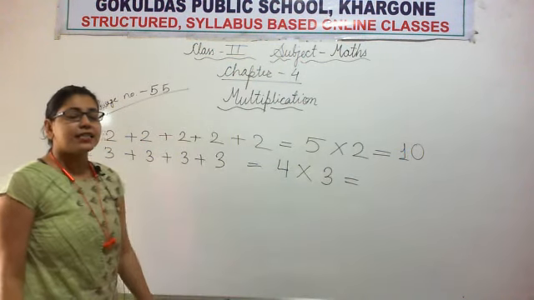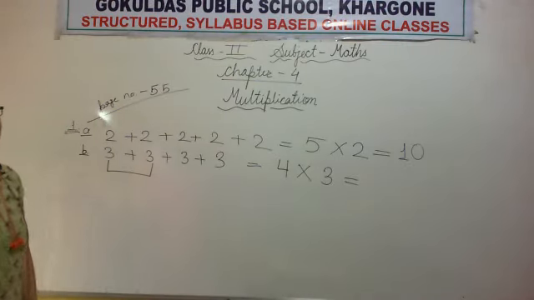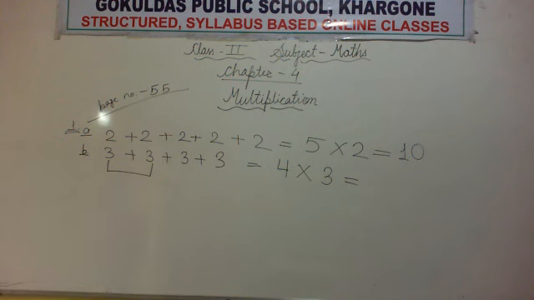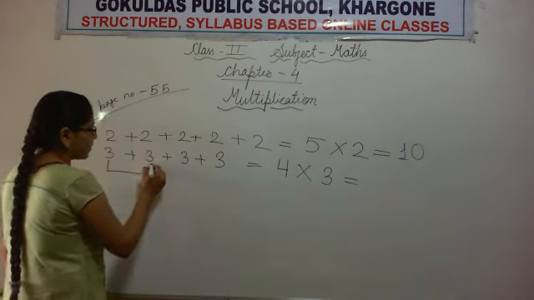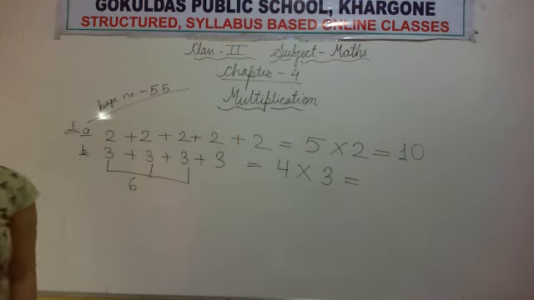Now multiplication is repeated addition, so let's add repeatedly. 3 plus 3, all of you add 3 and 3. 3 plus 3 is 6. Very good. Now 6 plus 3, add 3 and 6.